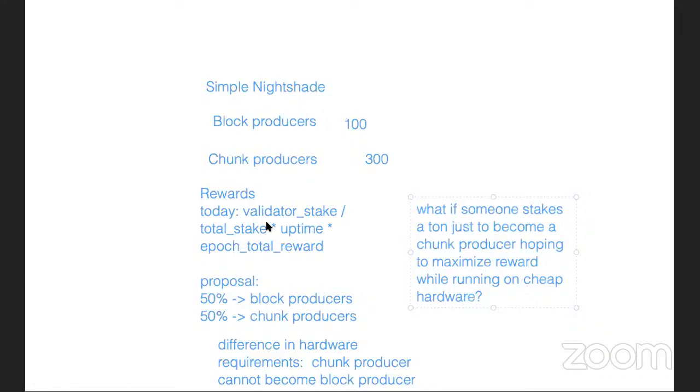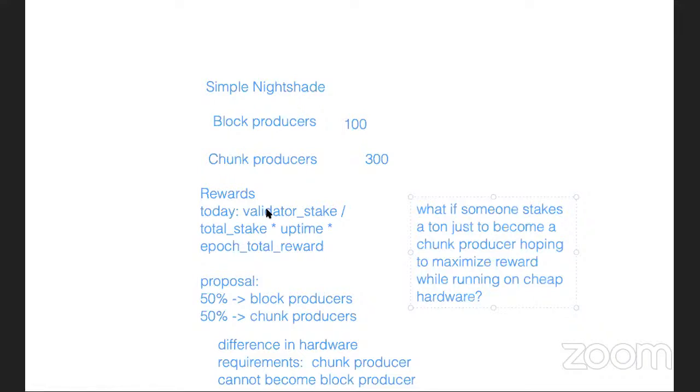I see, but then it might also be a valid strategy to become a chunk producer for a short period of time. Even if you cannot keep up, you just get paid immediately without any delay. Not necessarily. The reward is computed at the end of the epoch.